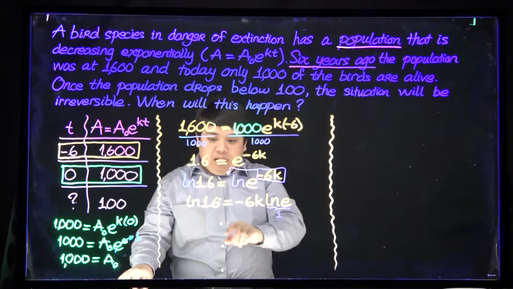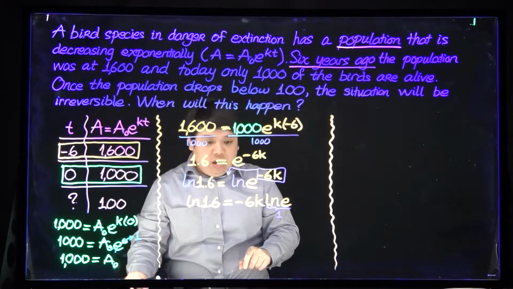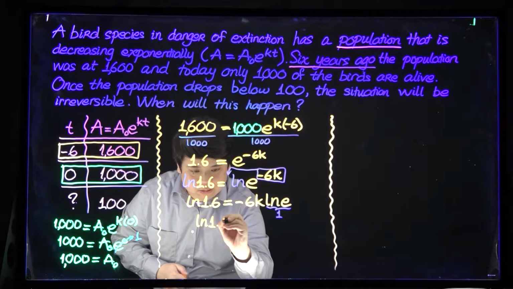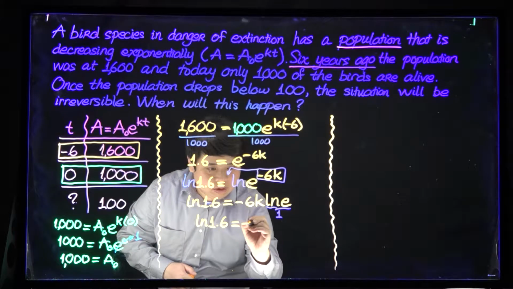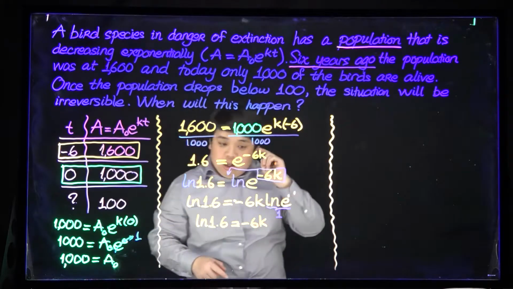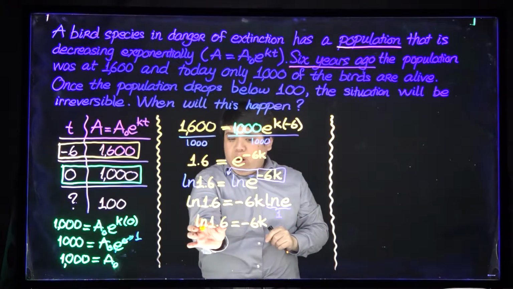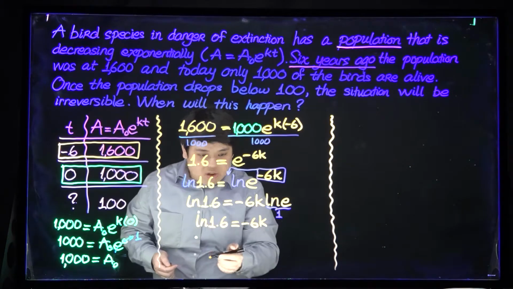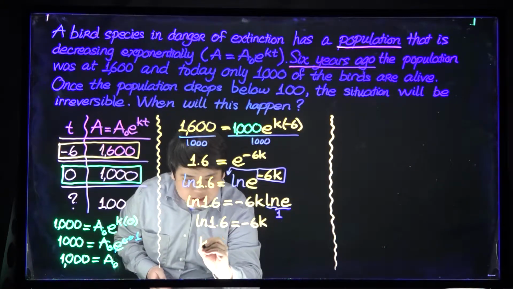So we have ln of 1.6 equal to -6 times k. To solve for k, we divide by -6 on both sides. So we have k equals ln of 1.6 divided by -6.